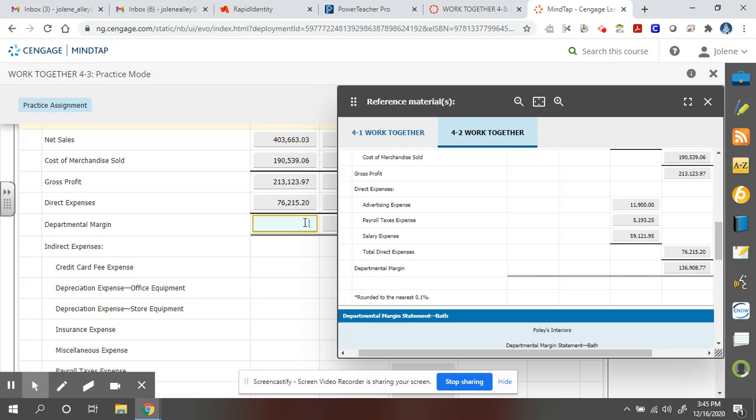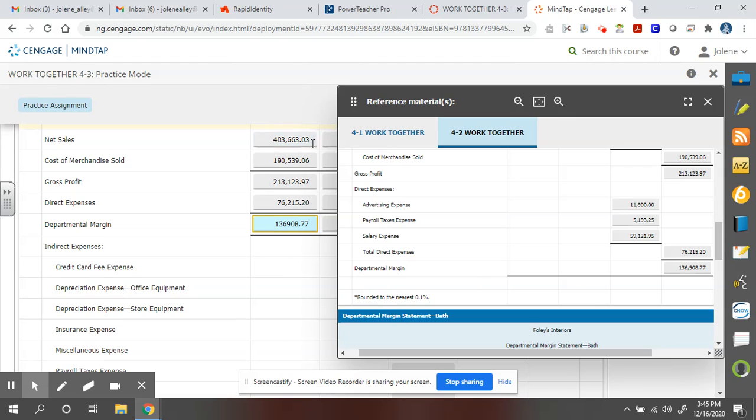And the departmental margin. Your profit minus your expenses will tell you how much this department alone, kitchen, is making. And it's right down here, 136,908.77.